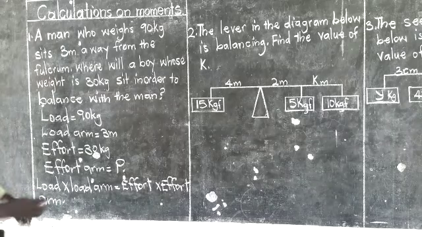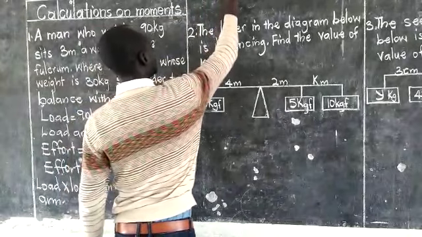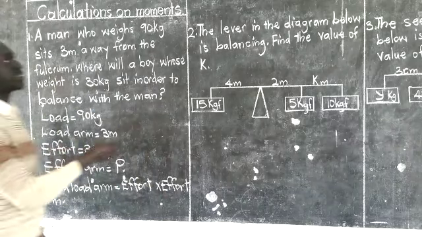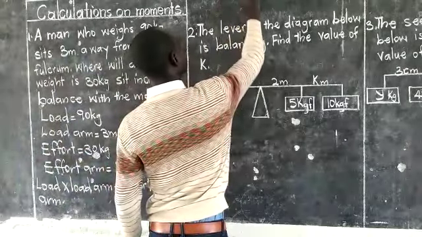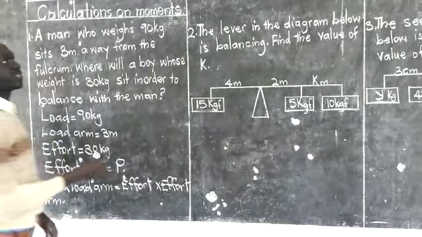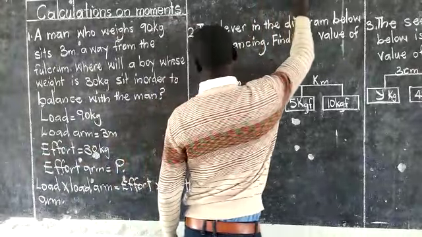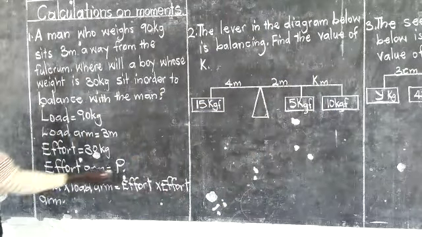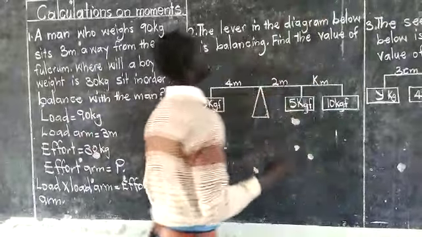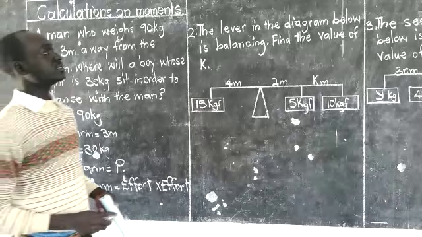Our load is 90 kilograms. This 90 kilograms is multiplied by the load arm, which is 3 meters. This will be equal to the effort, which is 30 kilograms, times the effort arm, which is not known and being represented by letter P. Then here you need to multiply 90 by 3.